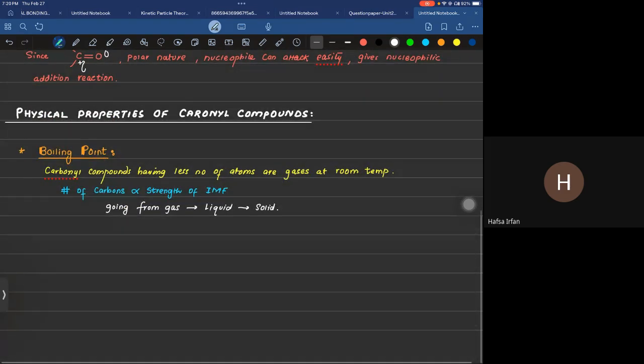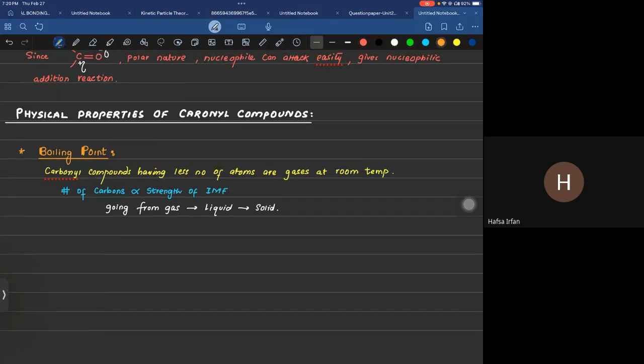Okay, so this is your alkane first, this is your alcohol, and this is your aldehyde. Now look at their boiling points.